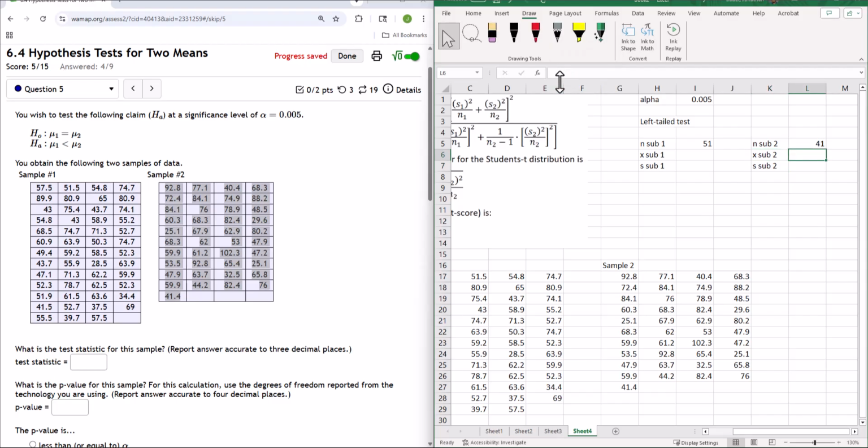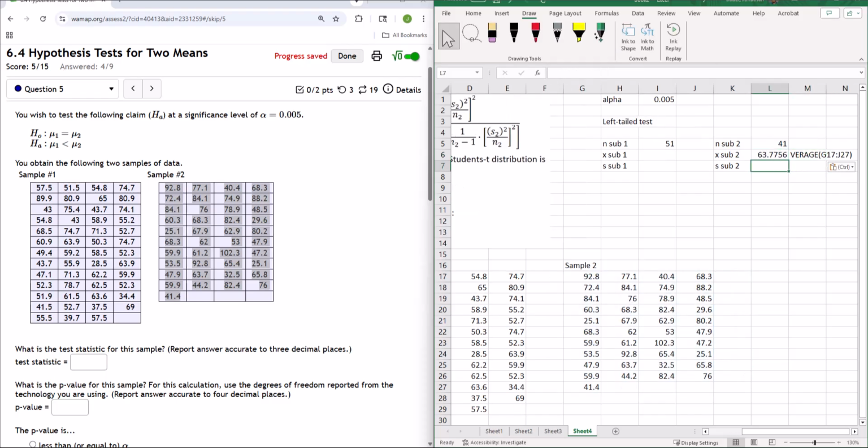Okay. We'll start with this one. Grab the average. That's our x bar. And the standard deviation. Again, we have samples here. Standard deviation dot sample. Grab that. And there we are.